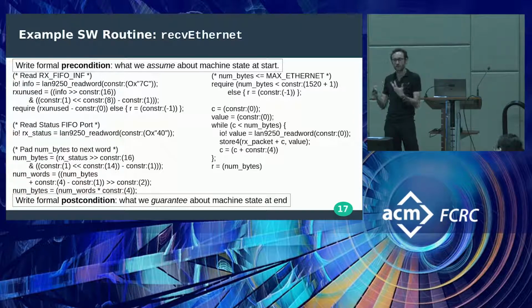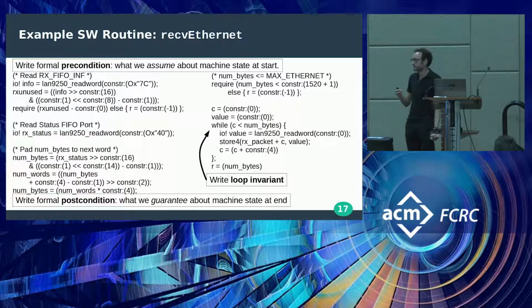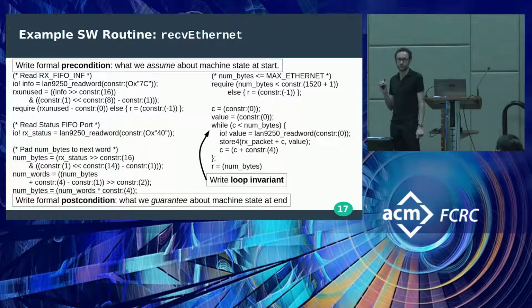So the memory and registers are in the right state, and we've advanced the log of MMIO interactions into the appropriate place, which basically captures the idea that we've read one Ethernet packet off of the appropriate input wire. We also have to provide a loop invariant associated with the one while loop that appears here, which captures what we know is true at the beginning of every iteration of this loop.